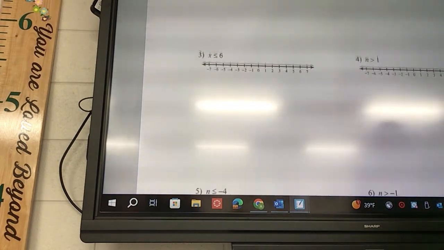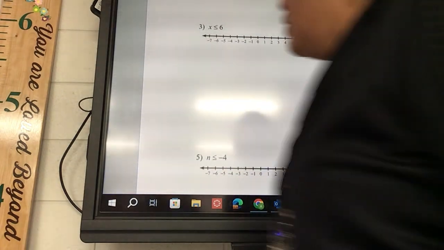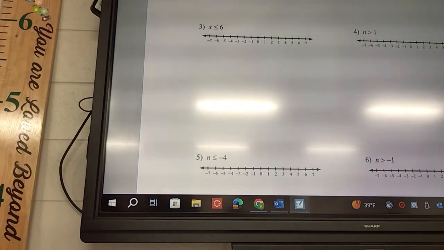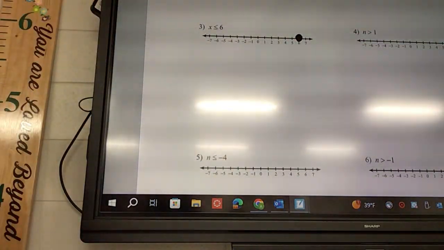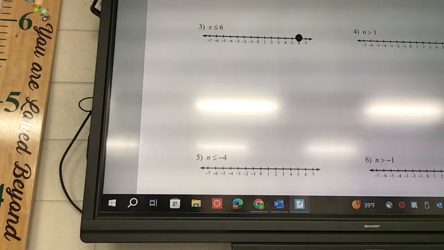Okay, look at number 3. On the 6, is that going to be open or closed? Closed. So go to the 6 and make a closed dot. Now think about it. You don't have to draw it, but just think in your head: is it going to be going to the left or to the right?